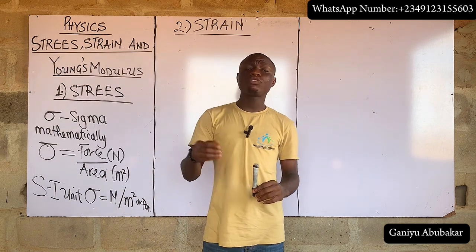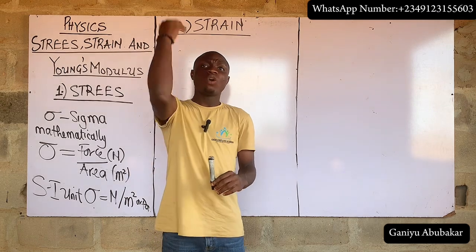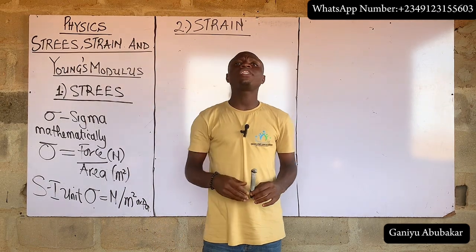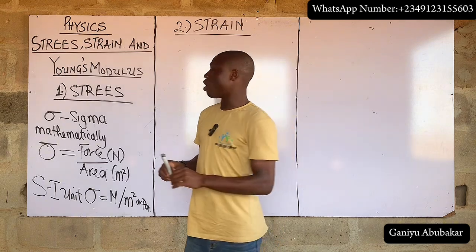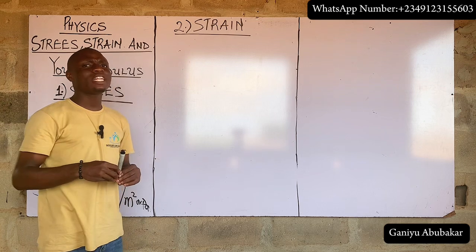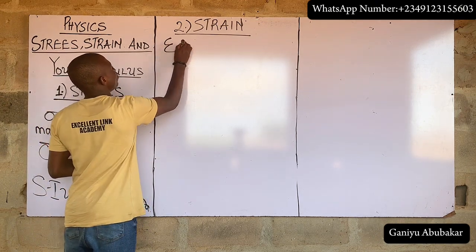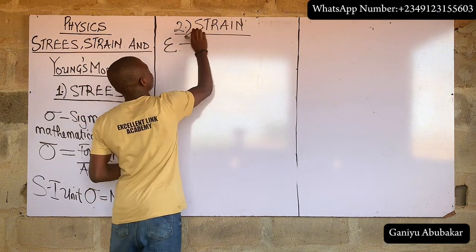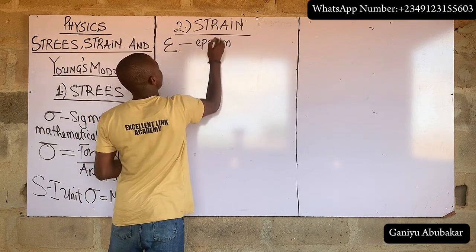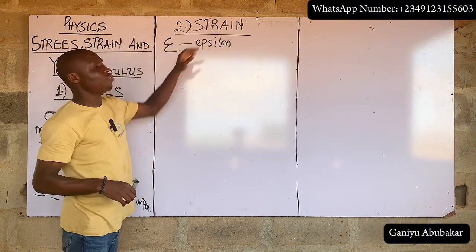So when it comes to strain, it's simply the ratio of elongation or deformation of a material to its original length. By the way, strain is represented by a Greek symbol called epsilon. Epsilon is simply a Greek symbol used for representing strain.